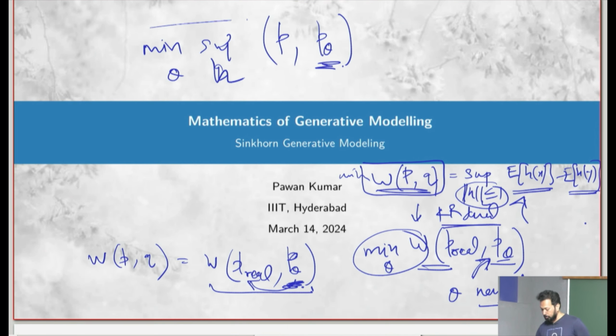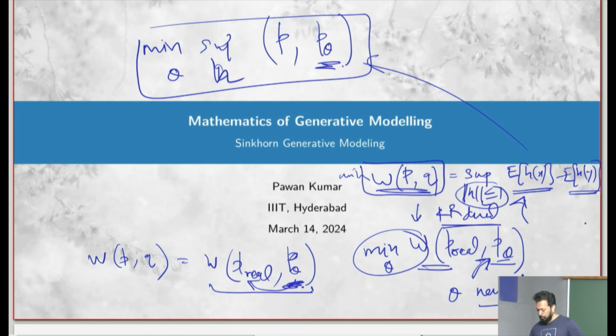This is how this thing led us to it, and P theta obviously is the generator. So it went into a min-max problem where H is the discriminator and Y is seen as a push forward of the generator. So overall this is a min-max problem of discriminator and minus discriminator. In this case we never use the classifier.